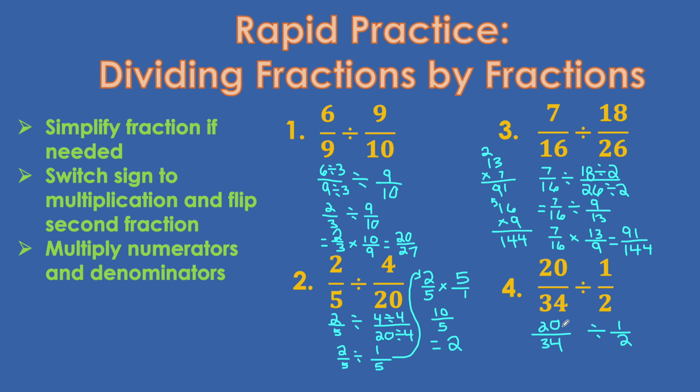Greatest common factor between 20 and 34 is 2. Divide top and bottom by 2. 20 divided by 2 is 10. 34 divided by 2 is 17. And copy down the rest.